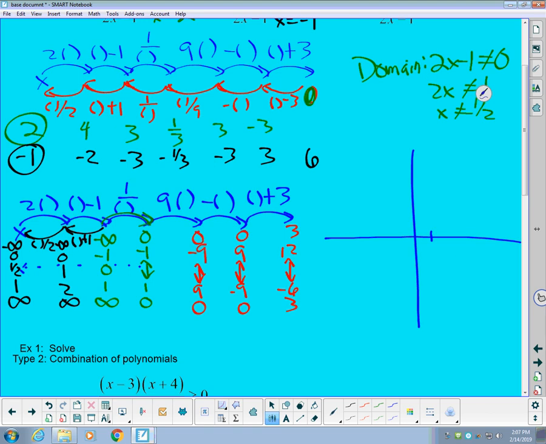So if I mark these as 1, 2, and 3, like that, then at 1/2, a vertical asymptote would occur right in there. My end behavior is a horizontal asymptote. I can track from my end behavior in this direction to see that I have a horizontal asymptote at 3. So if we mark that there.